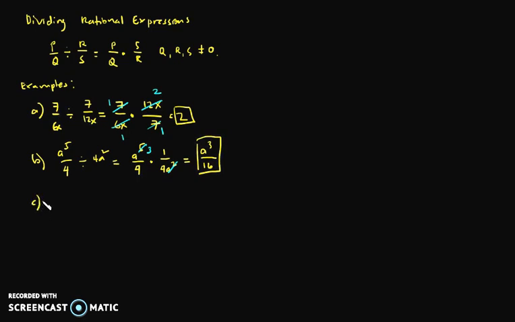Another example. How about if we have 16 minus x squared all over x squared plus 2x divided by x minus 4 over x squared minus 4. The first thing we need to do is rewrite in terms of multiplication by getting the reciprocal of the divisor.